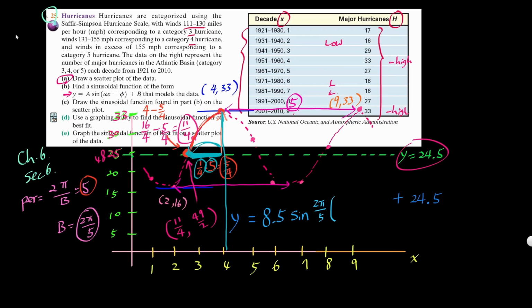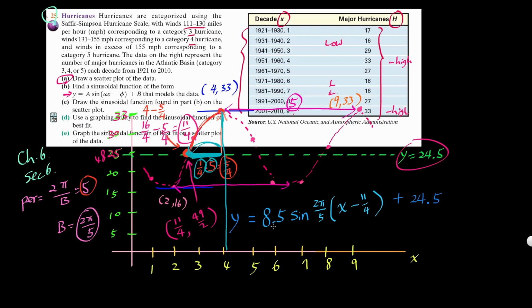Okay, times, what do we got? Let me see, x. And then we got shifted to the right 11 over 4 much. So I'm gonna minus 11 over 4, and then close parentheses. That plus 24.5, which should be 49 over 2.